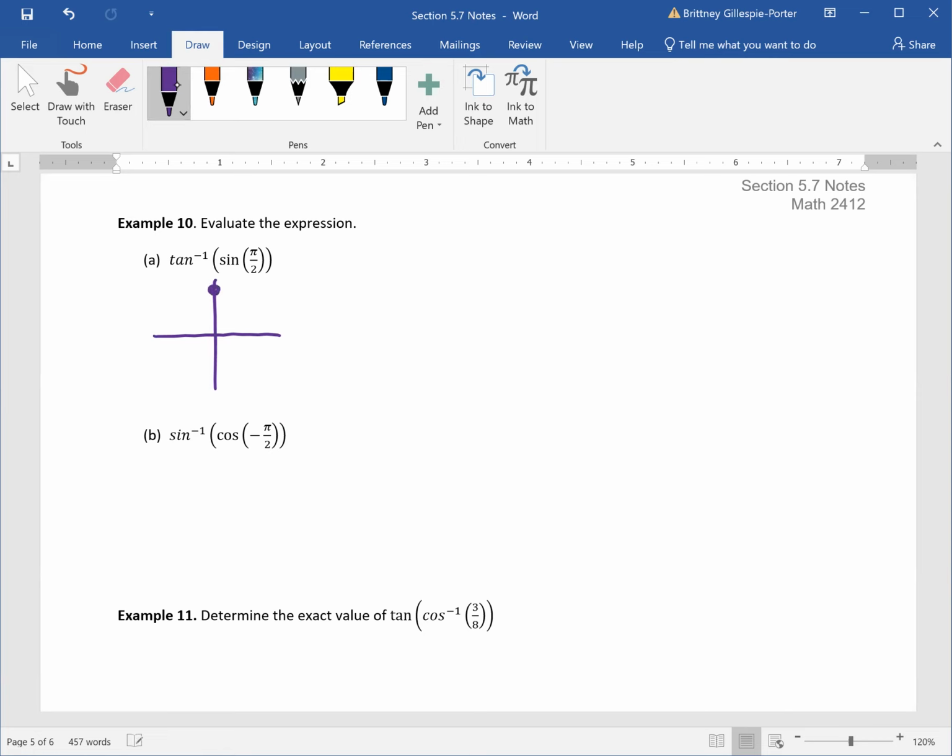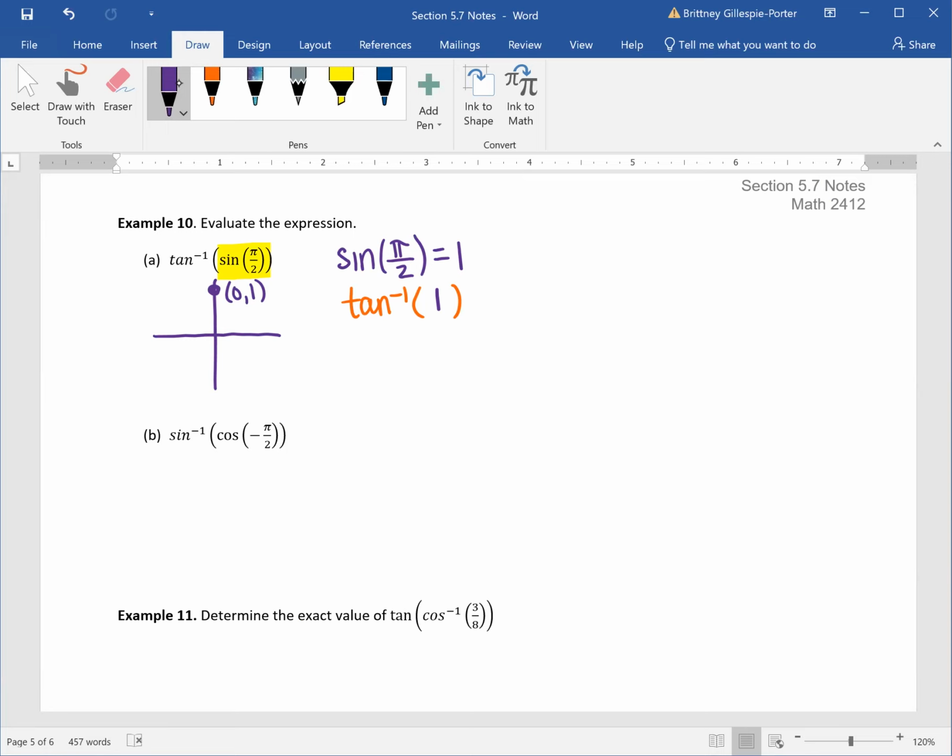Remember, pi over 2 is at 90 degrees. Our ordered pair is 0, 1. So sine of pi over 2 is 1. This means we're looking at the problem as the inverse tangent of 1, because we plugged in for the sine of pi over 2.